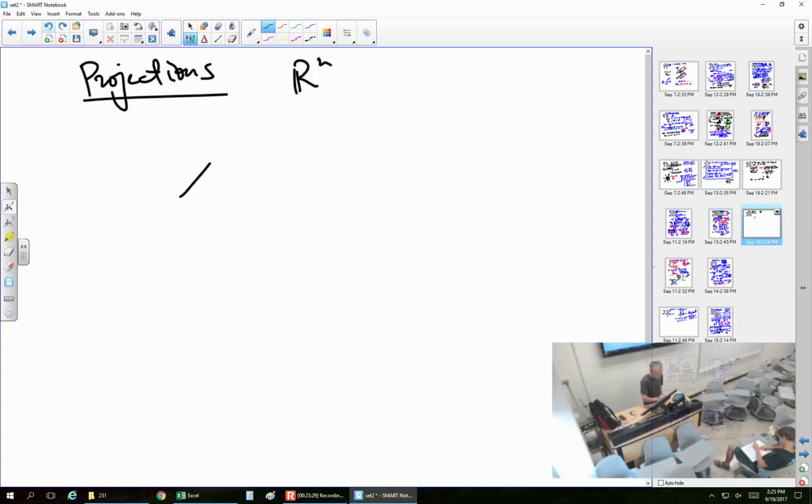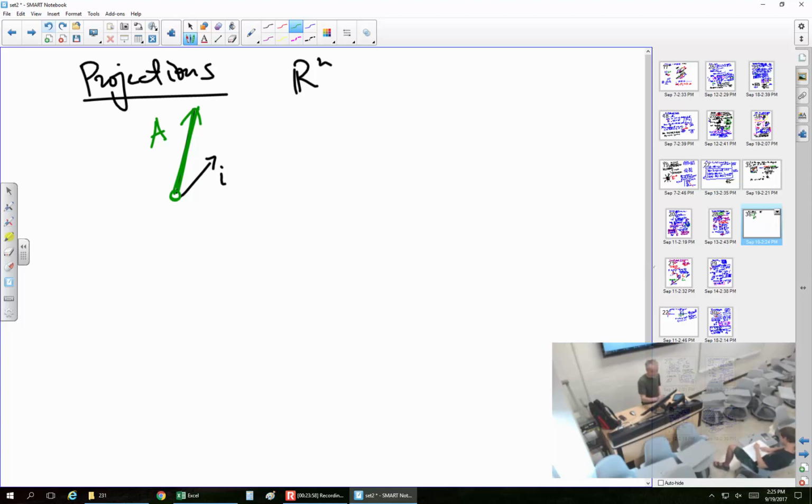Suppose I have my vector already available, so that's my vector A. Then I introduce a new vector I in some arbitrary direction of my choice, because of the problem I'm solving.